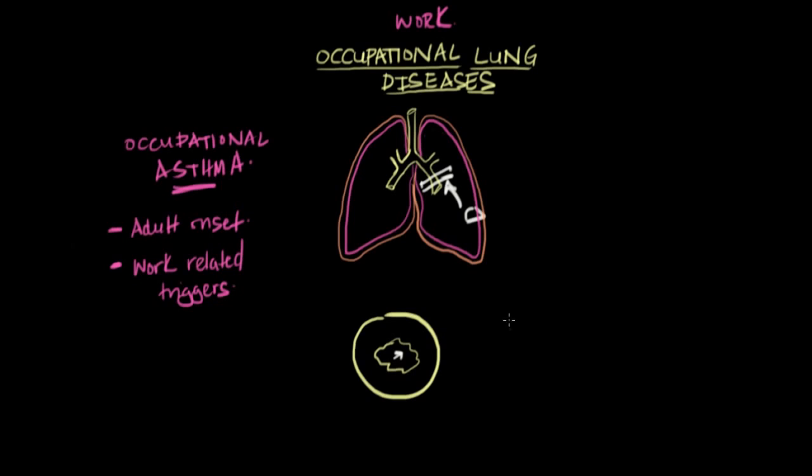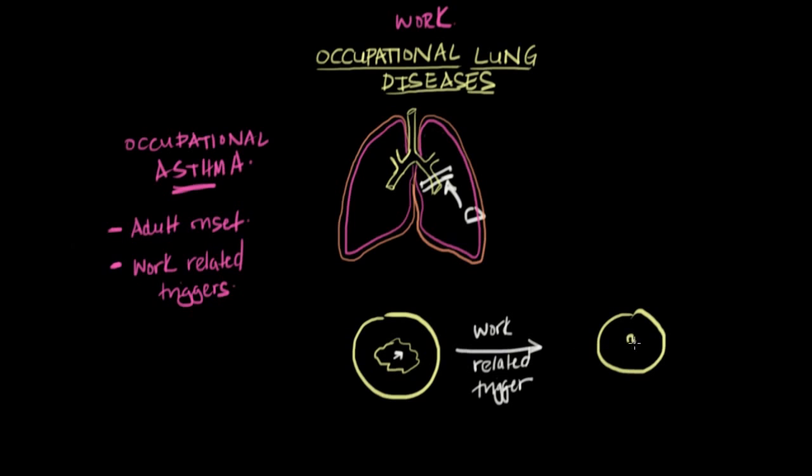So what happens in occupational asthma is, in response to some work-related trigger, a couple of changes occur to this airway. Firstly, the airway becomes smaller. You can see this airway is smaller than it normally is.